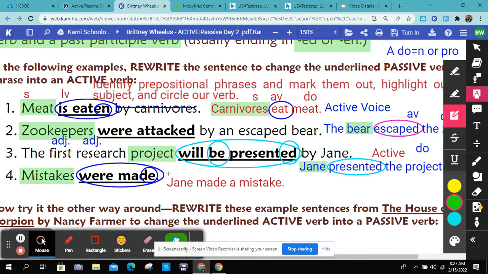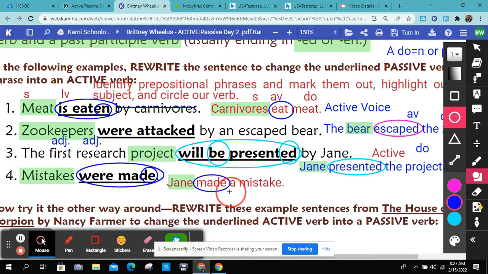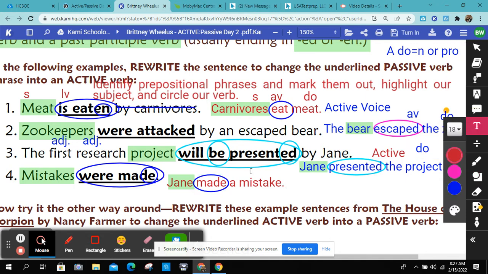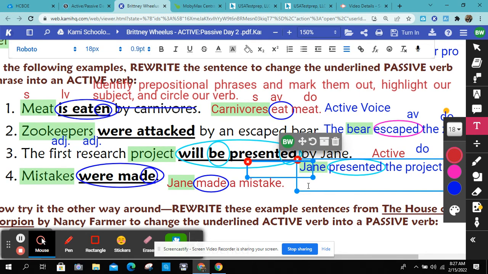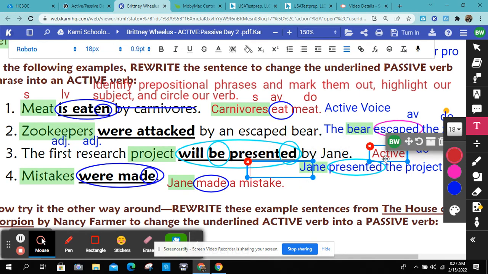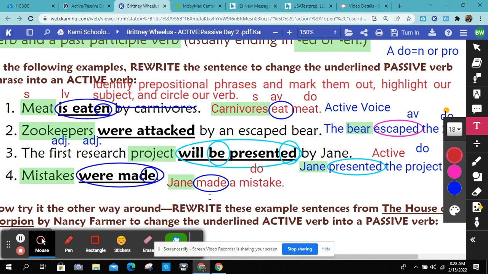Jane. So I want to highlight Jane. What did Jane do? She made. That made is my action verb. Jane made who or Jane made what? Made a mistake. What does mistake function as? A direct object, so DO. Now, is this sentence written in the active voice or passive voice? Active. Okay, Jane made a mistake is active.